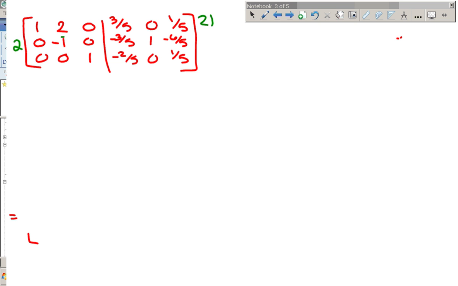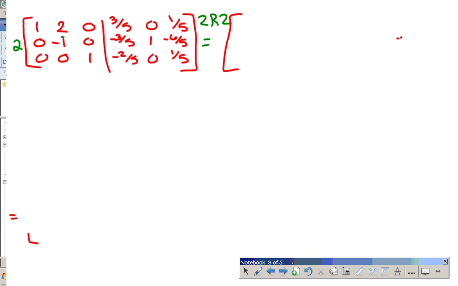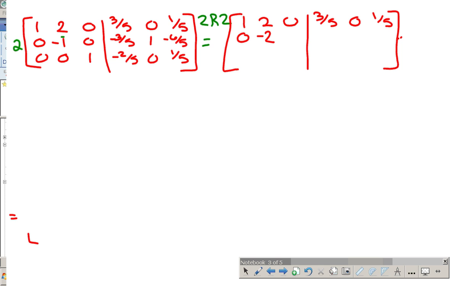So we're going to do 2 times row 2, which is going to give us 1, 2, 0, 3 fifths, 0, 1 fifth, 0, negative 2, 0, negative 6 fifths, 2, negative 12 fifths, 0, 0, 1, negative 2 fifths, 0, 1 fifth.